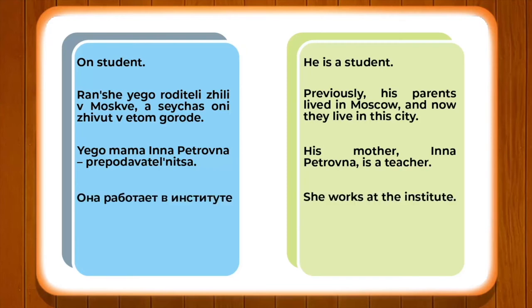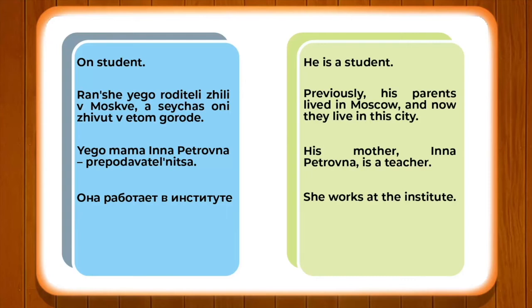Она работает в институте. Где она работает? Она работает в институте. Here you can see the construction which we have used is in prepositional case. Она работает в институте. So in place of institute, you can use университет. Она работает в институте, в университете.